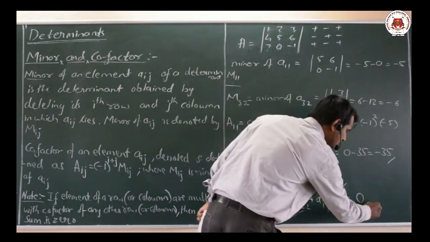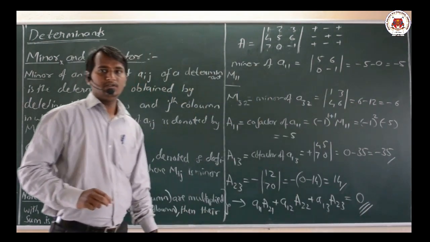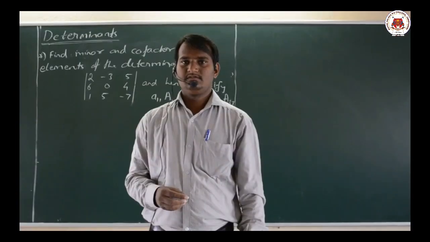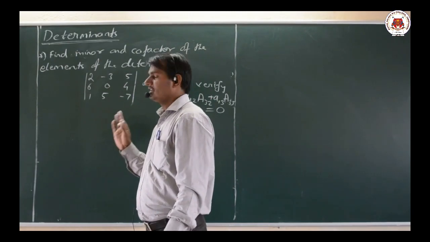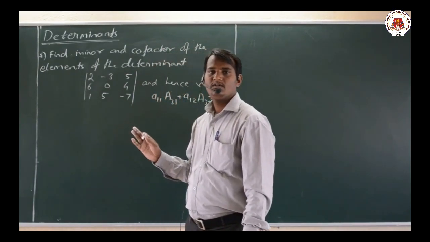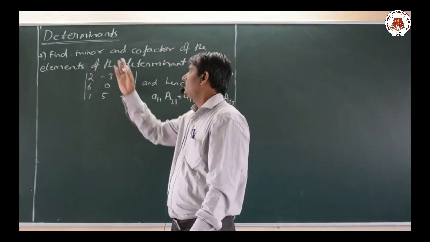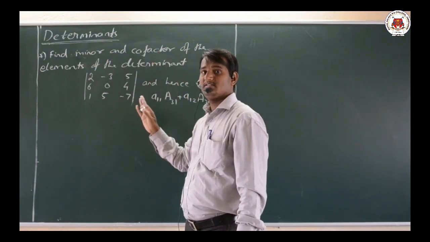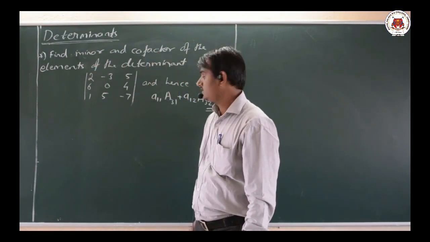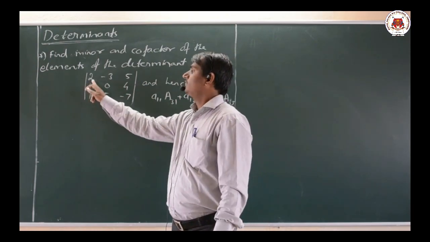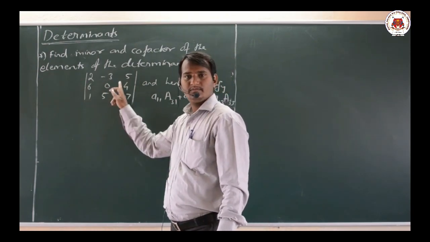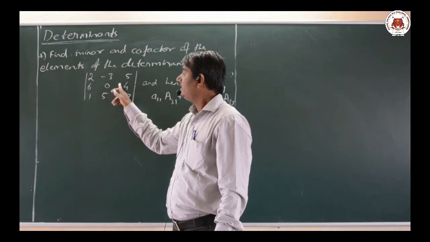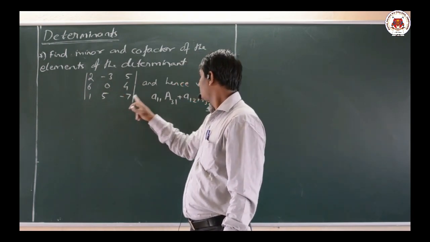Okay dear friends, let us move on with one more example related to this topic. Please pause the video to note it down. Let us move on with the example that covers all three definitions: how to find the minor, how to find the cofactor, and the note we have just seen, that is if any row or column elements are multiplied by the cofactor of another row.